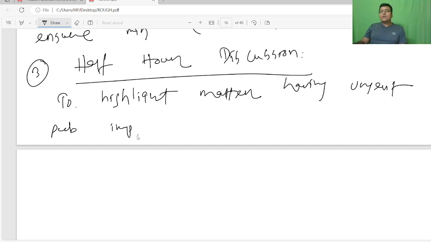Suppose there are some matters that are very urgent, for example farmers' deaths, or inflation, or something else. So we need a half-hour discussion, and here also in the discussion the legislator puts questions and makes administration accountable.